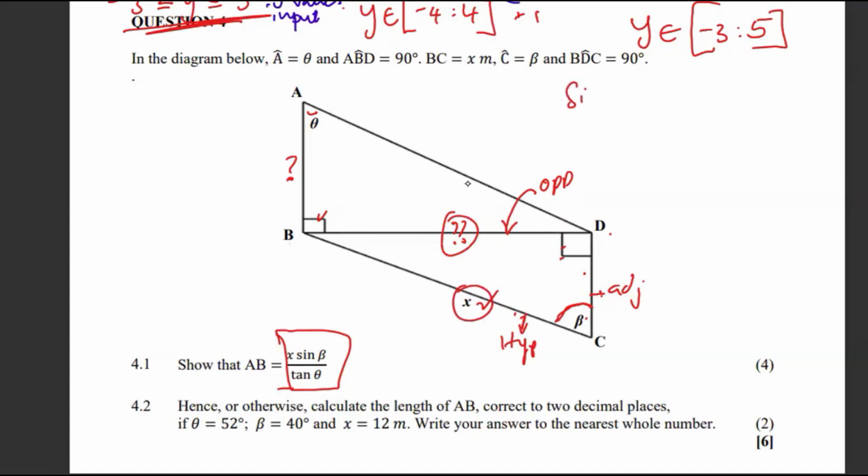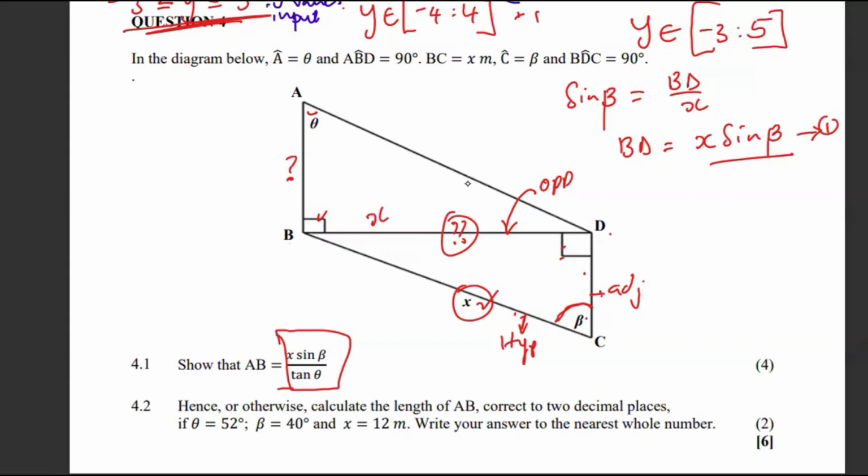So I'm going to say that the sine of beta is equal to the opposite, which is the BD, over the hypotenuse, which is BC. I'll say x. And then I'll make BD the subject, which means it's x sine of beta. I can call that equation 1.